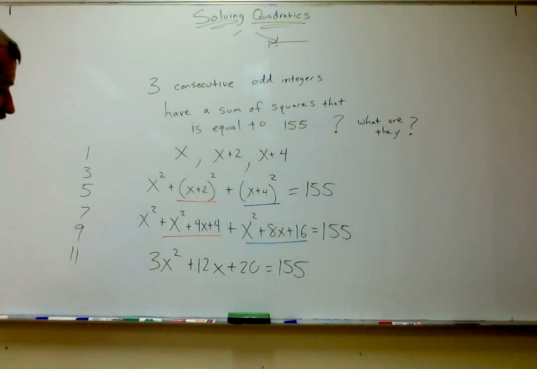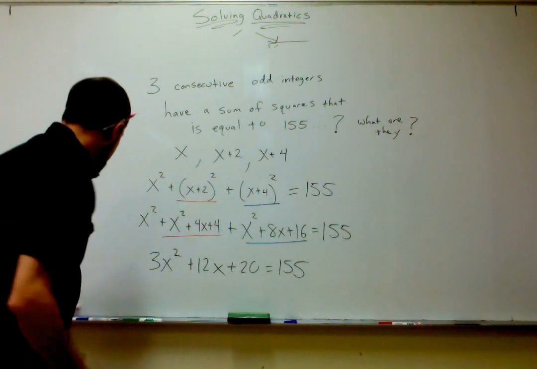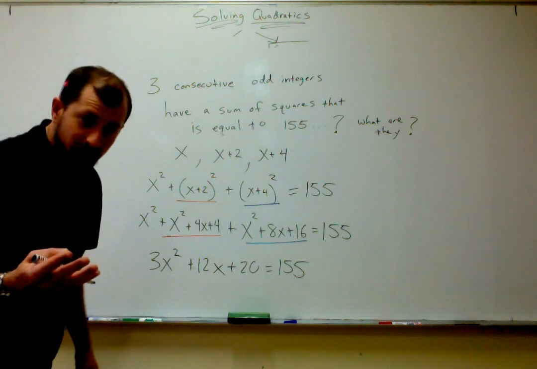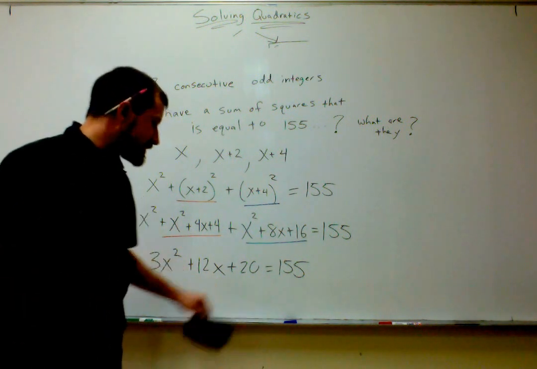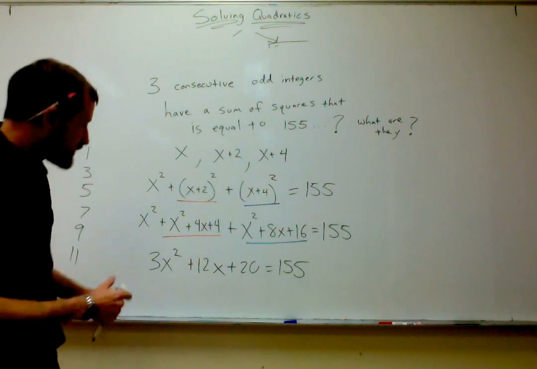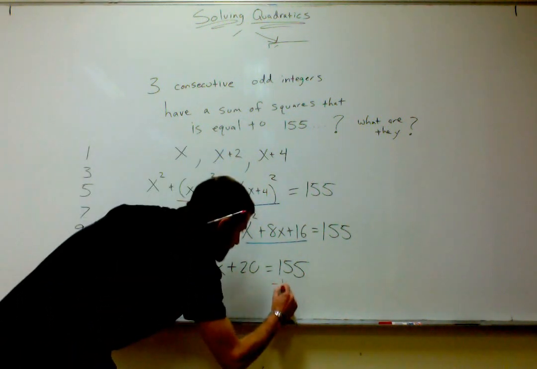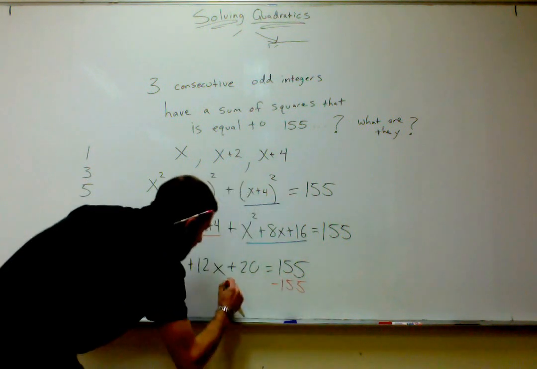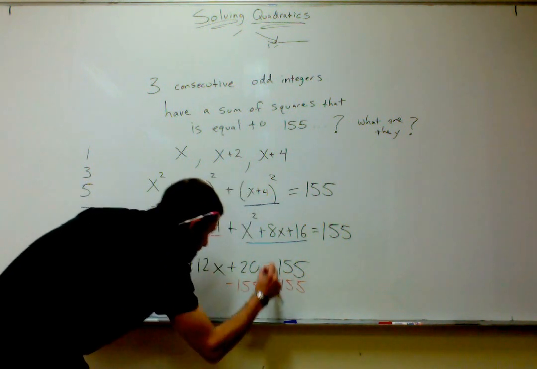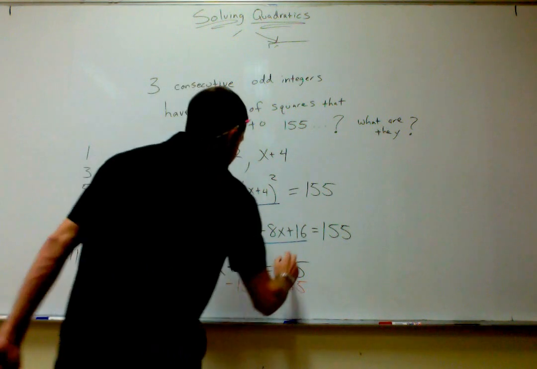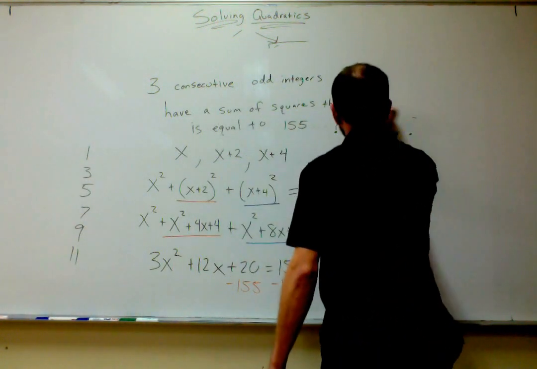We have to make this equal 0, so that way we can factor and use the zero product property. Remember, you can't use the zero product property unless you have it equaling 0. So let me just go ahead and subtract 155 from both sides. Okay, so I'll work over here.